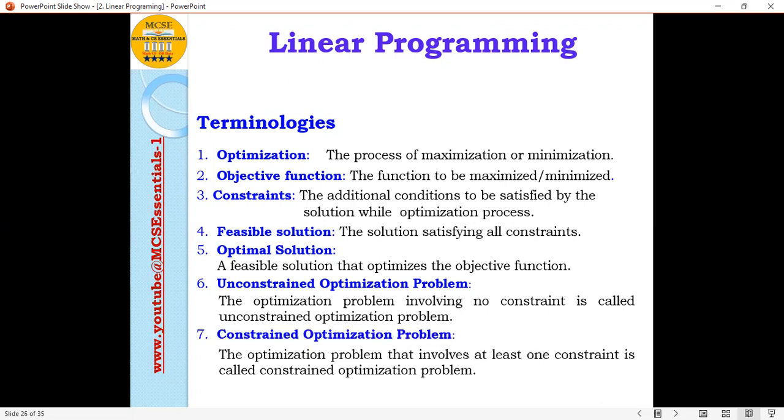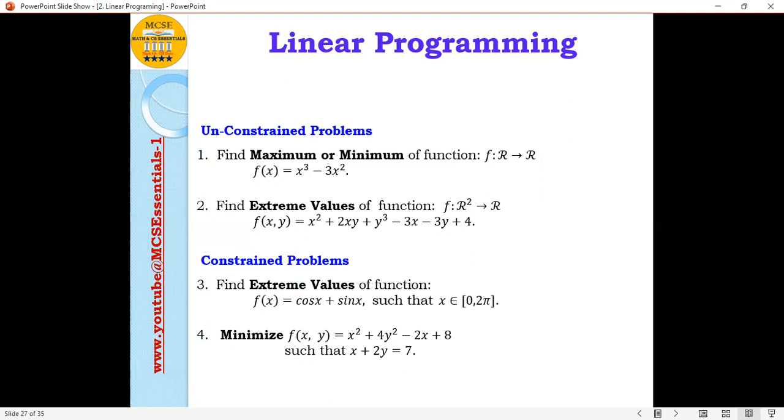Then the next definition is actually our most desired definition, that is the constrained optimization problem. The optimization problem that involves at least one constraint is called a constrained optimization problem. This is the type of optimization problem which will be dealt with in linear programming. Now, what is an unconstrained problem?